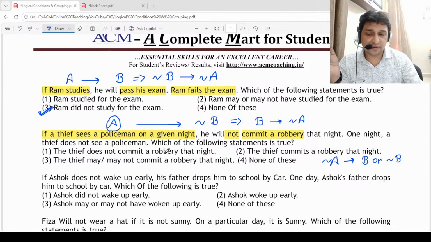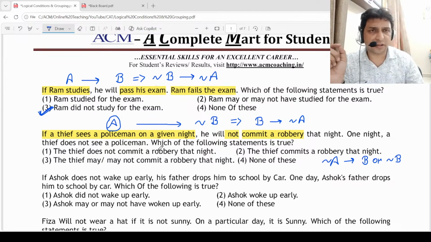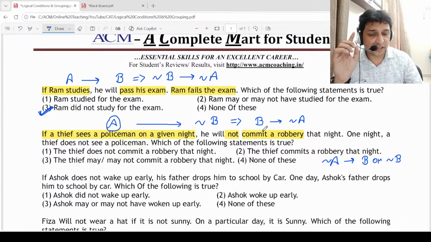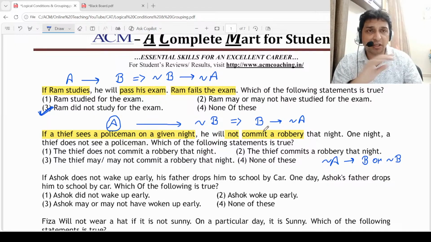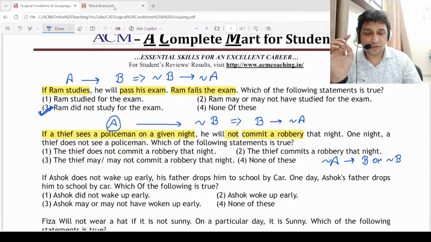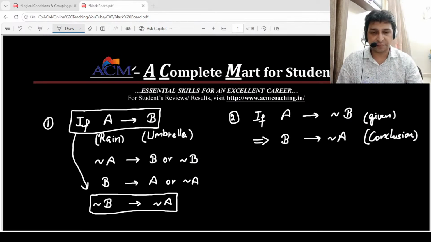If the thief has not seen the policeman, maybe he will rob the house or shop that night, or maybe he will not. We are not sure about it. We are only sure about one thing: if he has committed the robbery, that means he did not see the policeman on that night. So that is rule number two and the example to that.